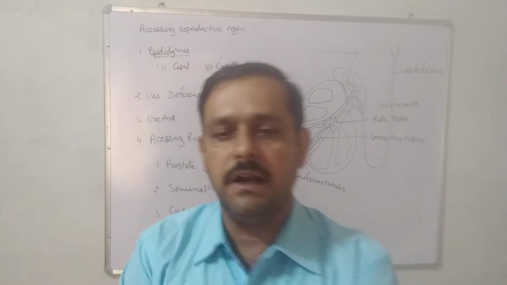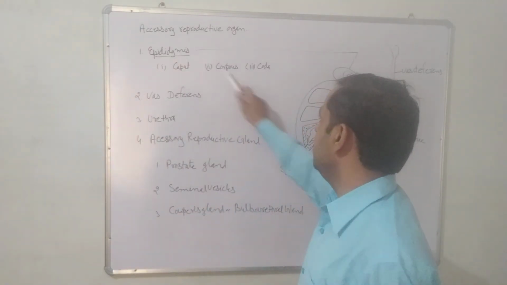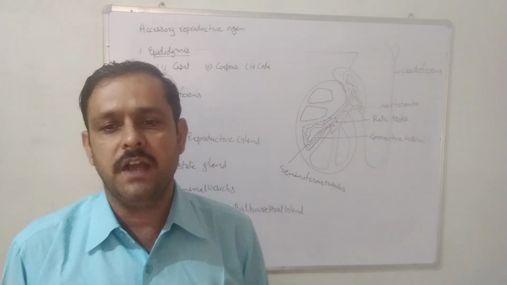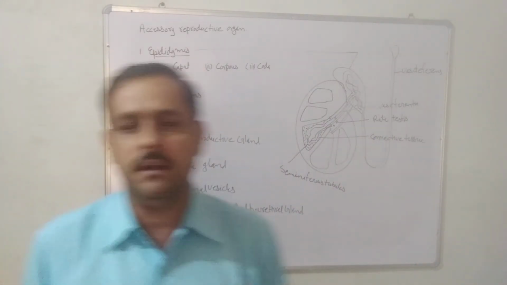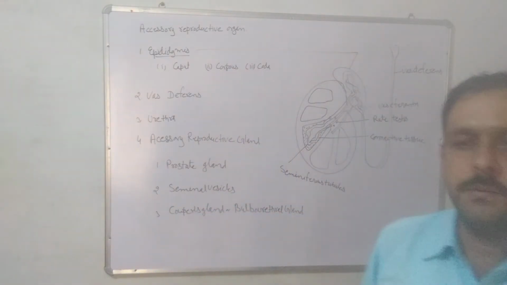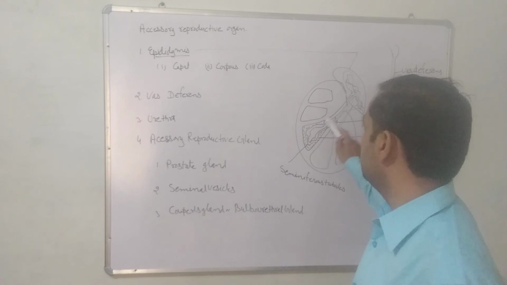This tube is divided into three parts: caput epididymis, corpus epididymis, and cauda epididymis. Caput epididymis is the part which is wide and lies on the upper side of the testes. Vasa efferentia open into this part.